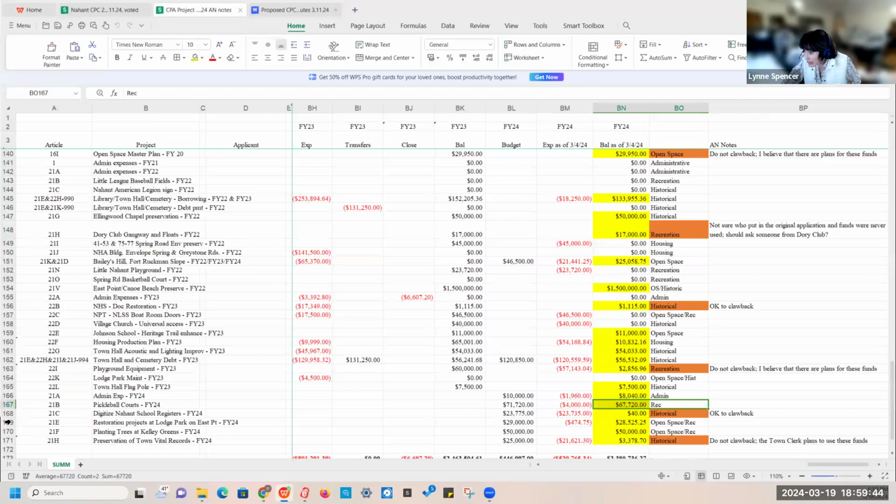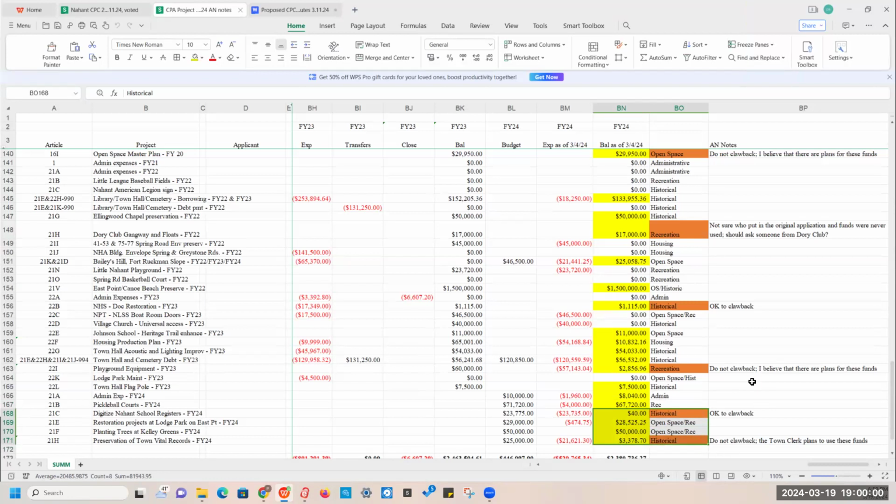Let me see. Where were we? Pickleball courts. The next one down is a $40 from the Nahant School registers that is okay to claw back, according to Allison. And then we have open grants that are still in the implementation stage.